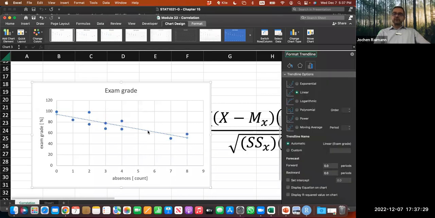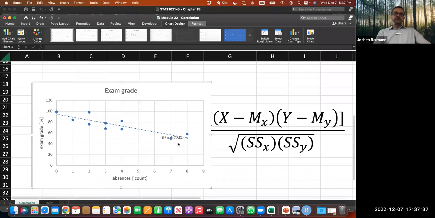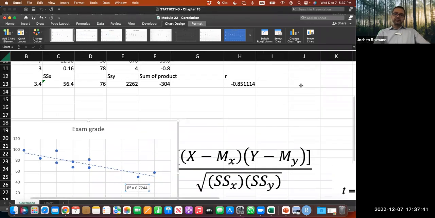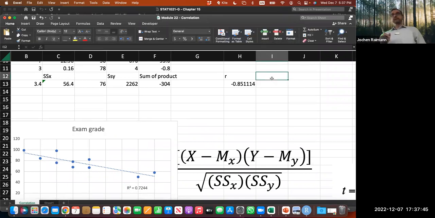And if you double click the trend line, you can also add the so-called R squared to your association. And I'm just in preparation for next class. The R squared is in a univariate analysis only. And that's important to keep in mind because you have univariate and multivariate analysis, where you have several independent variables predicting one dependent variable.